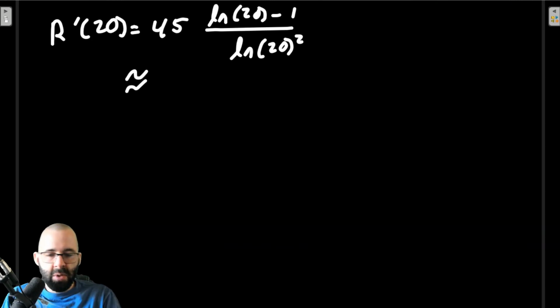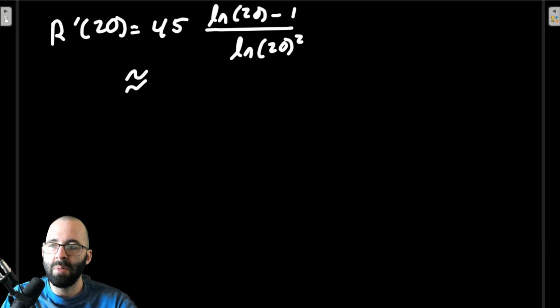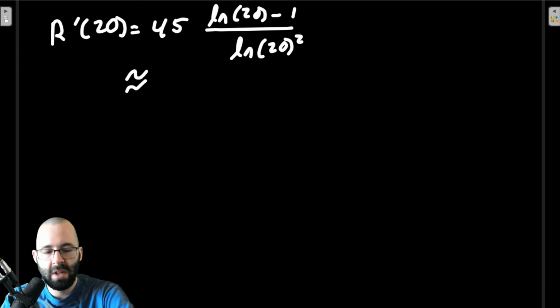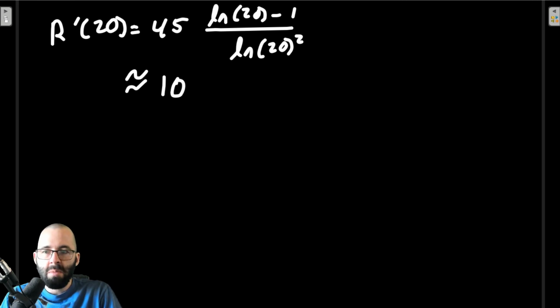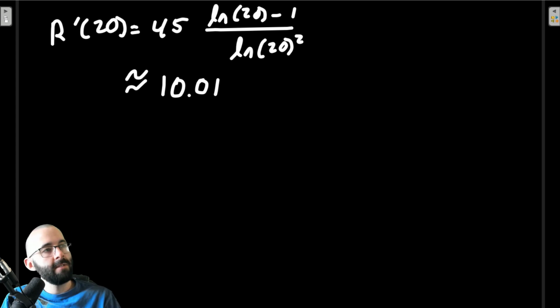That's going to come out to some number, which we'll plug into our calculators. It is about 10.01. So the marginal revenue is $10.01.